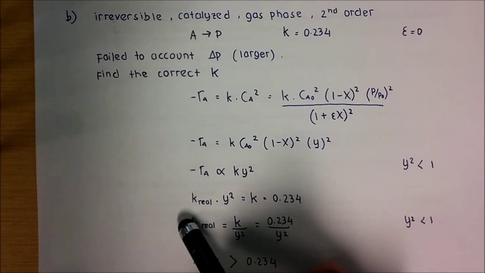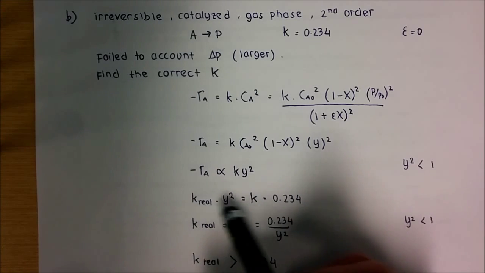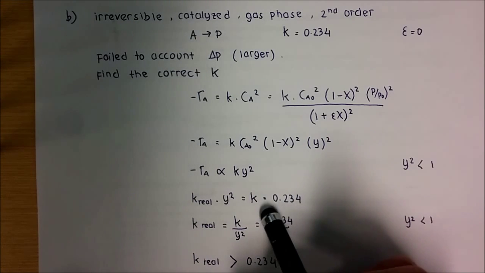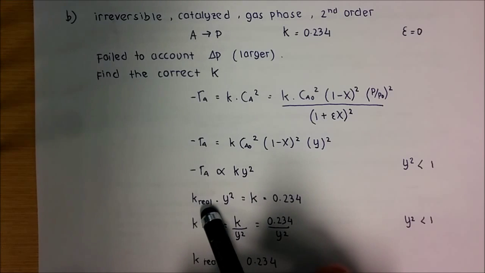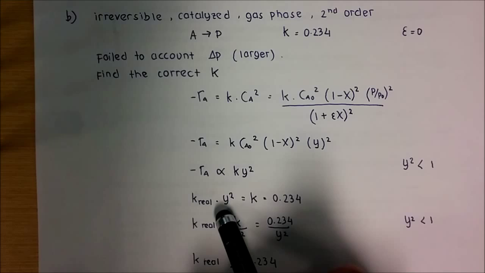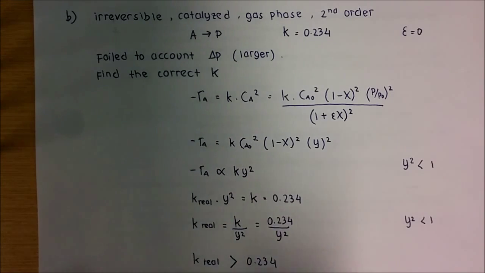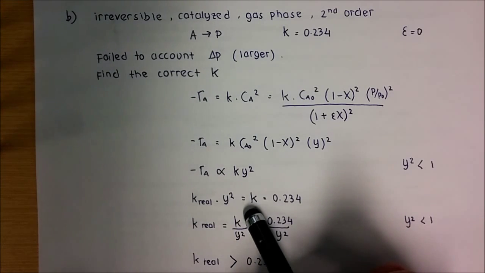So the k that we found previously, which is 0.234, is actually the real rate constant multiplied by y squared. So if we try to calculate the real k, which accounts for pressure change, then k real is going to be equal to k previous over y squared.